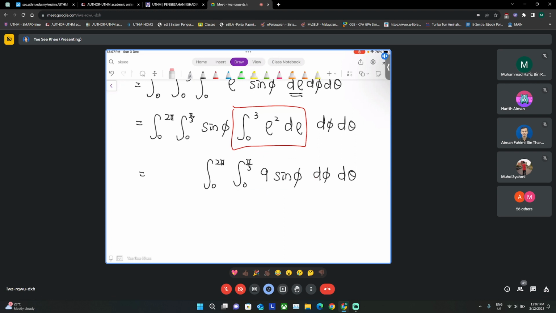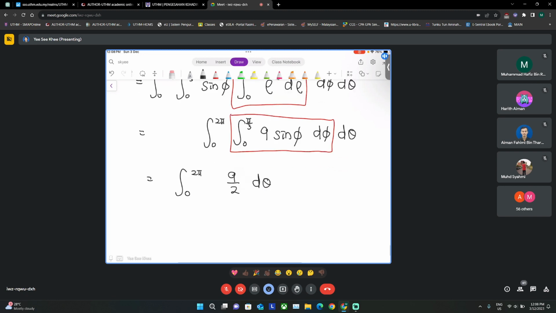Now you press the calculator again for the second term, with respect to phi. Integrate 9 sine phi, and you get 9 over 2 d theta.